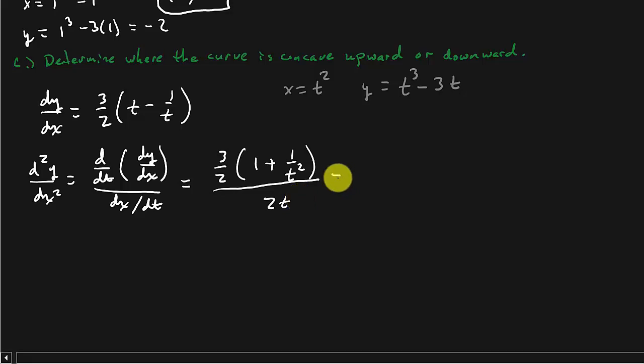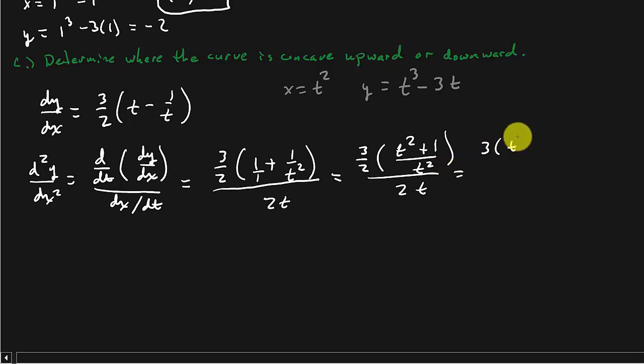All right, so now let's go ahead and simplify this. This is going to be 3/2 times, now remember this is 1 over 1, so this is going to be t squared plus 1 over t squared, over 2t, which is 3 times t squared plus 1 over 2t squared, over 2t.